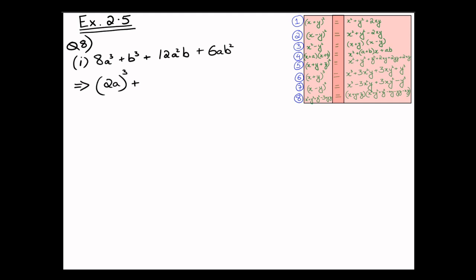So this is 2a whole cube plus b cube plus. Now I'm trying to write it in the form of the expansion of identity number 6 over here.